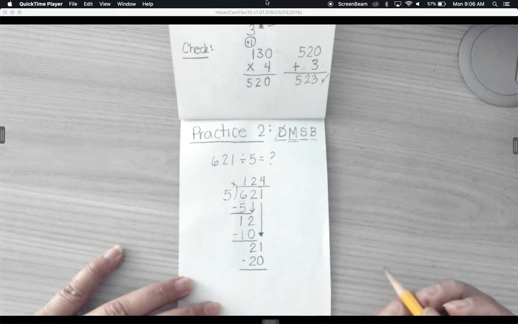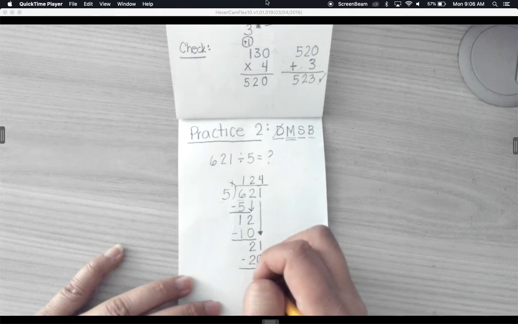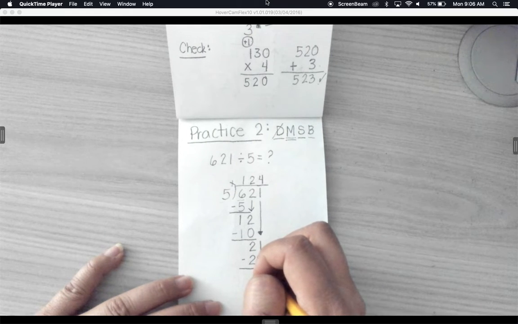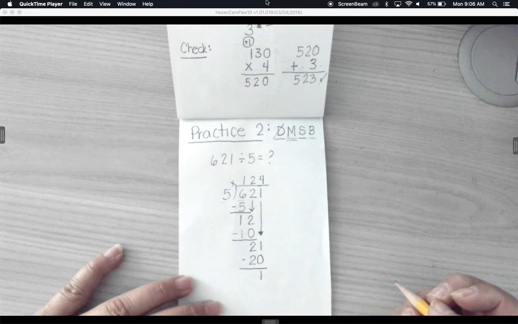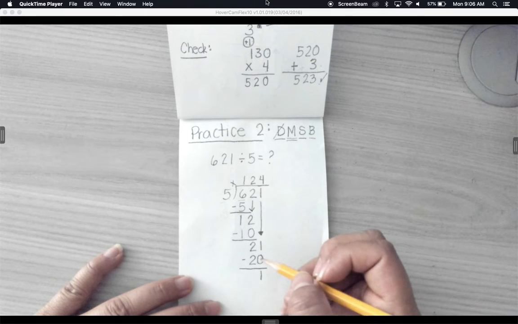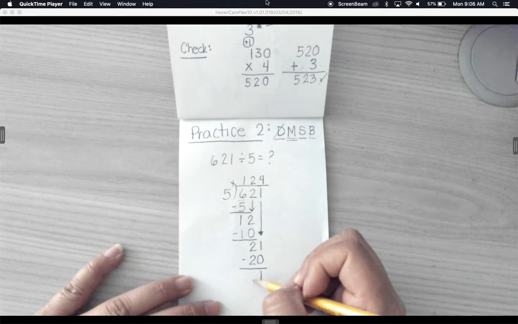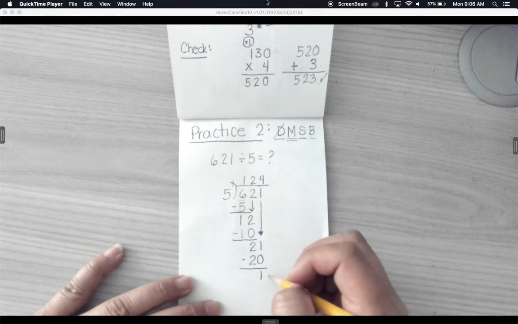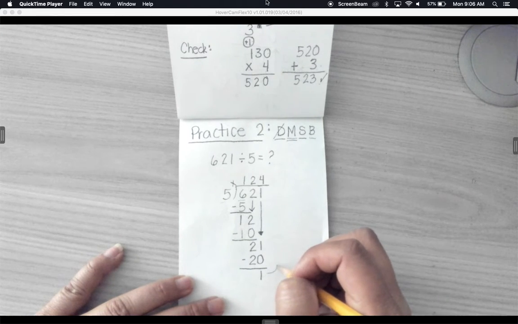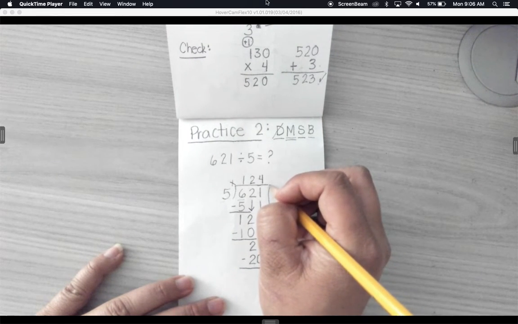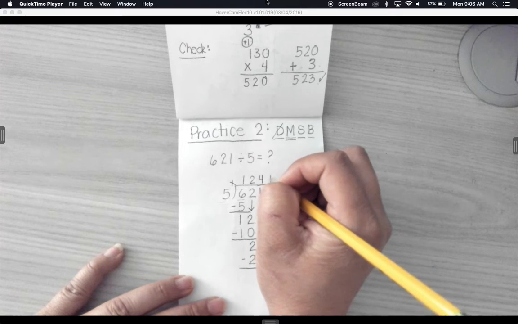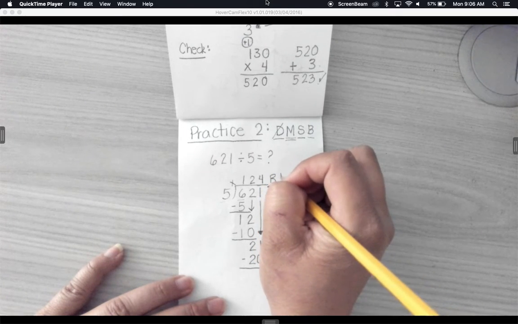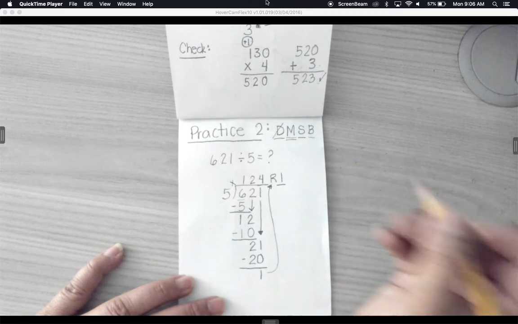And 1 minus 0 is 1. And 2 minus 2 is 0. Wait a minute. Here comes brother. And brother tells me I have to write the remainder. The remainder is 1, right?